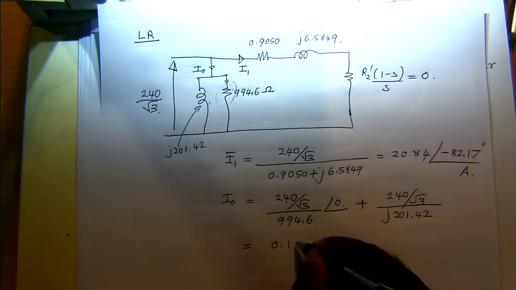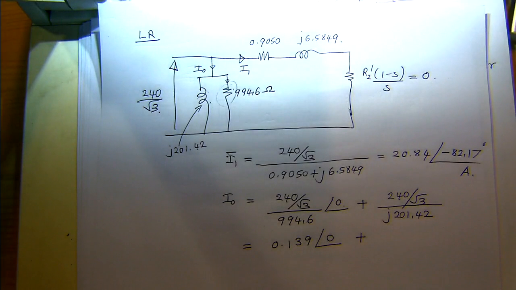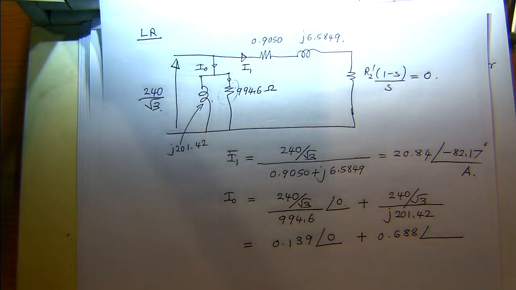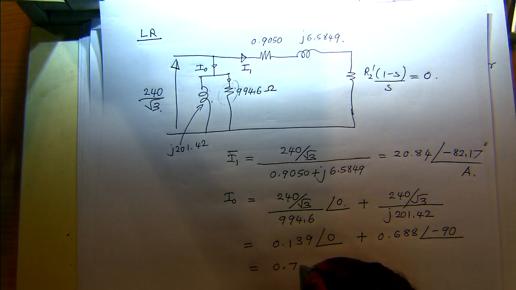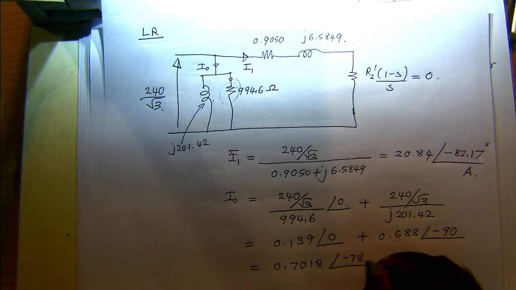Which is 0.139 angle 0 plus... So magnetizing branch current is like 0.7018 angle minus 78.57.